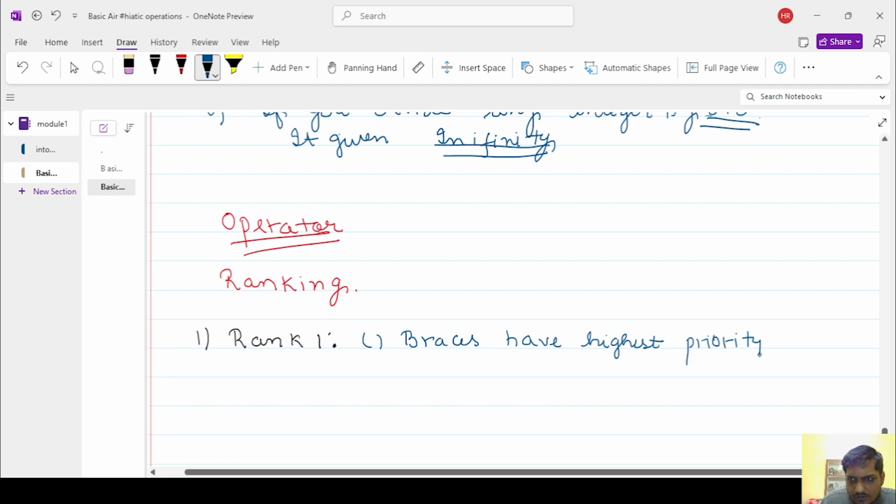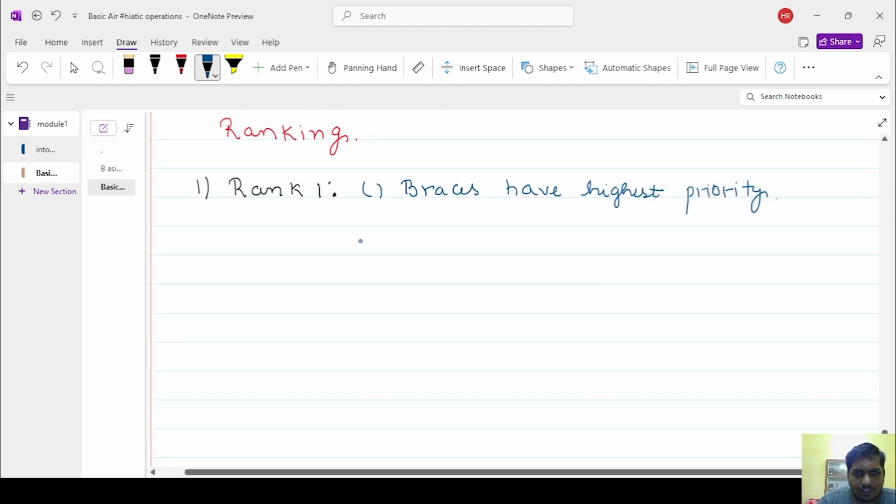Okay, first the braces have the highest priority. Second, rank 2, that is called multiplication and division. Multiplication and division both have the same priority.